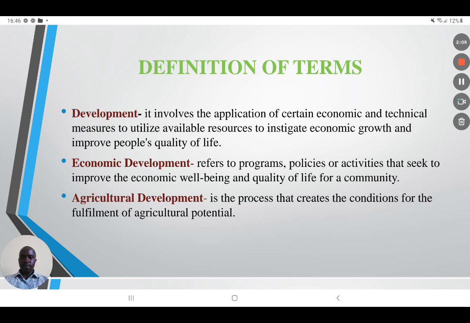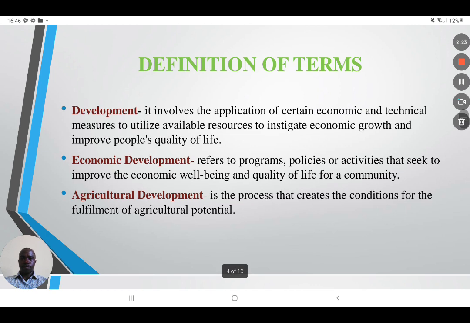The second term is economic development, which refers to programs, policies, or activities that seek to improve the economic well-being and quality of life for a community.